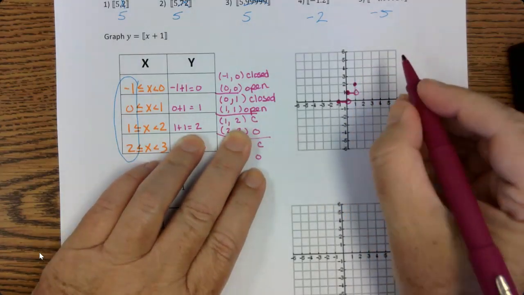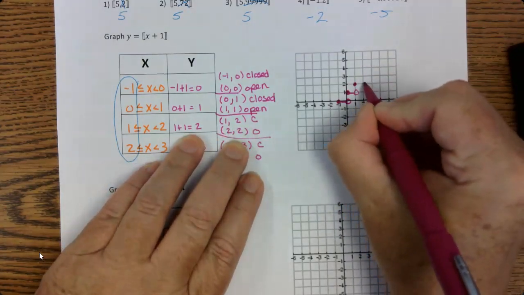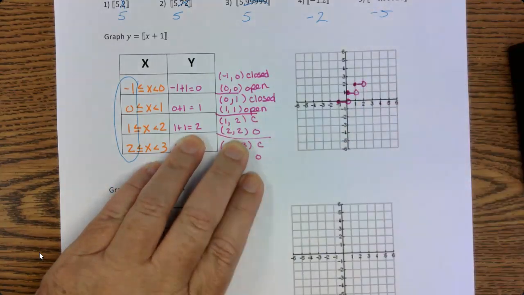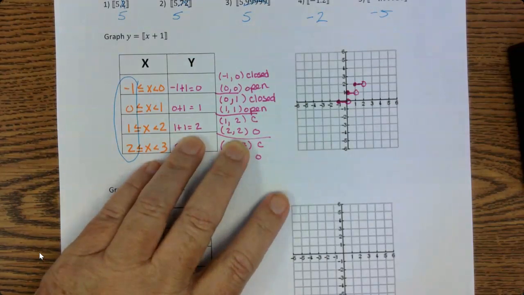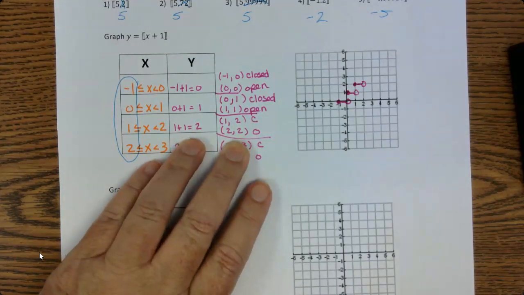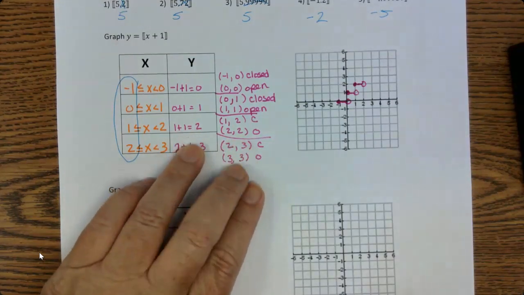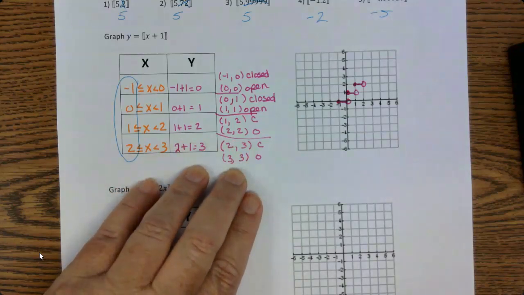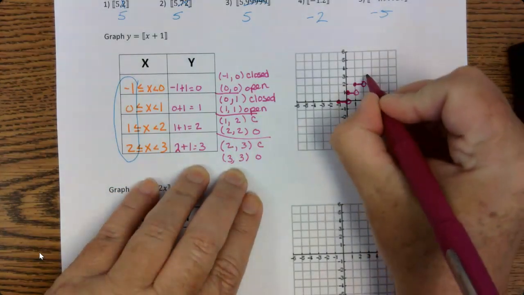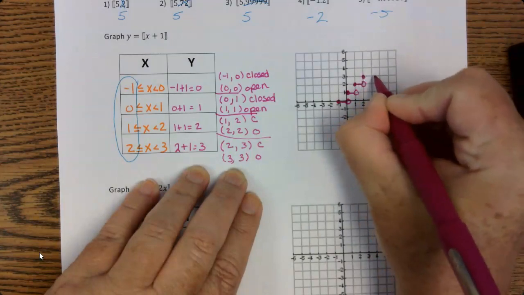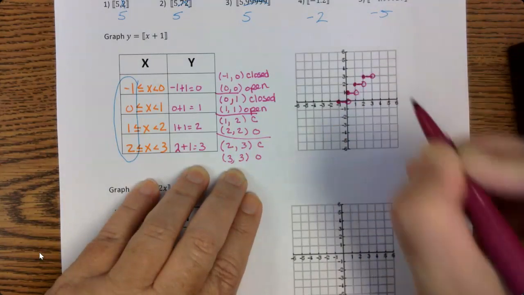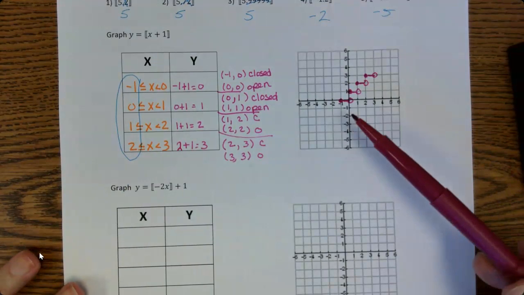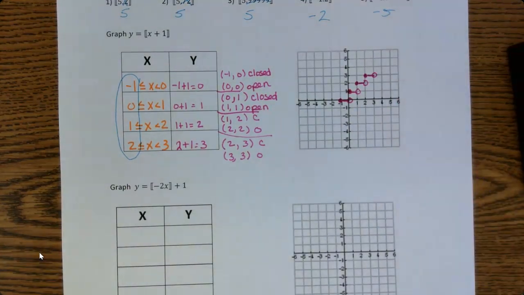And my advice is write everything out because it is a pain in the tush to go back. I never want to go back and figure out what I was thinking. That could be dangerous. And then we're going to do it one last time here. 2, 3, and 3, 3. Okay, and you should have something literally looking like floating dumbbells and a staircase all at the same time.